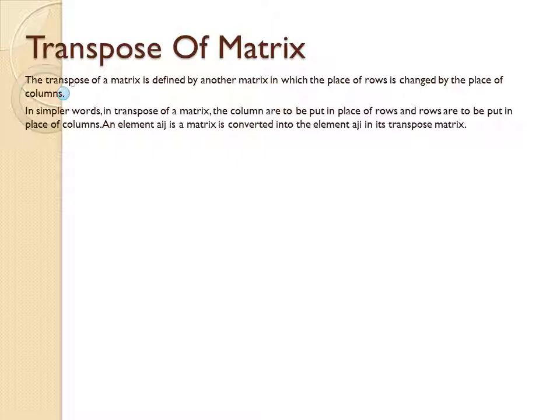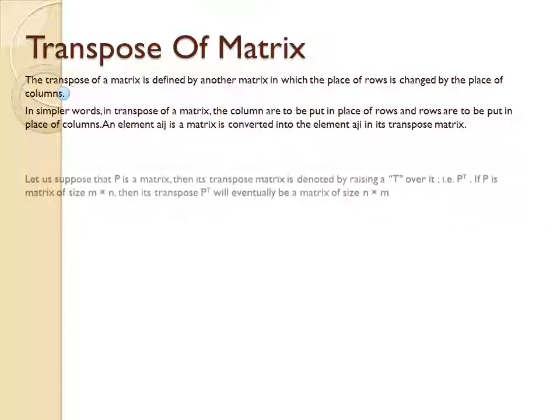The columns will be put in the place of rows and the rows in the place of columns. So the element a_ij, as we generally consider the elements of a matrix, will be converted to a_ji in the transpose of the matrix.